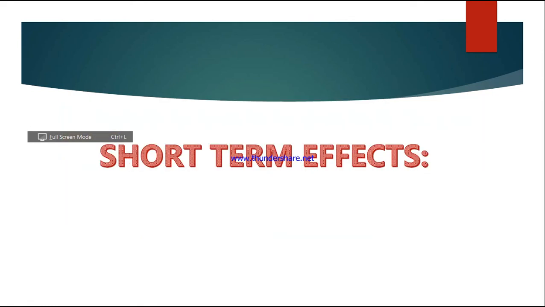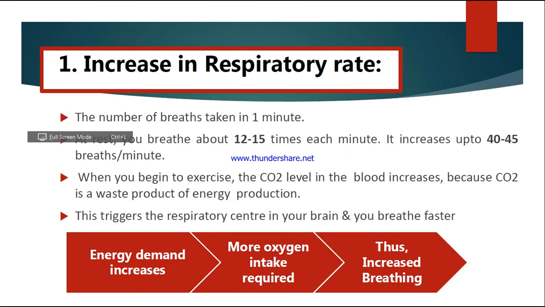Now, as we have seen in the cardiovascular system, in the respiratory system also there are short-term and long-term adaptations or effects of exercise, and you can see the short-term responses. There will be an increase in respiratory rate.